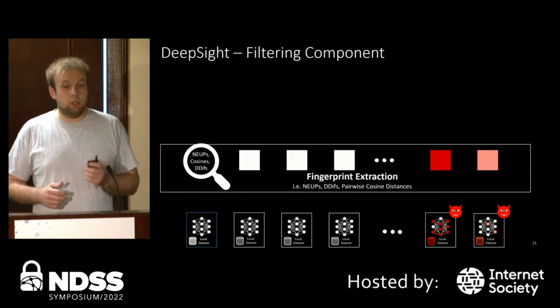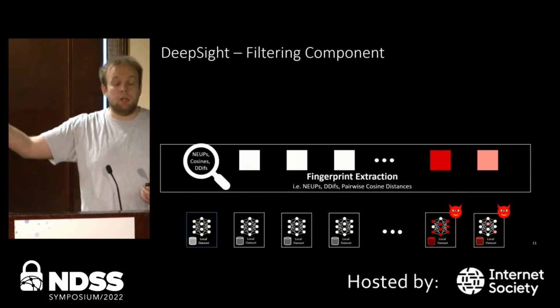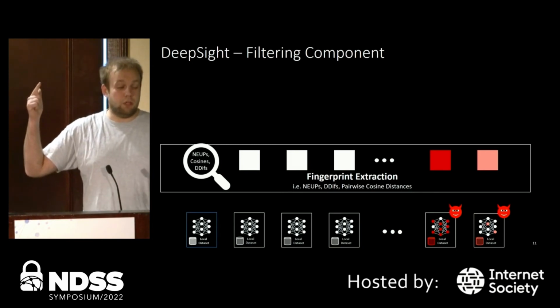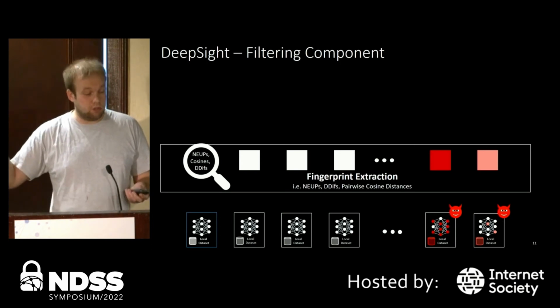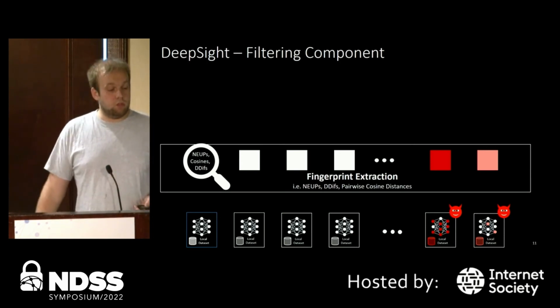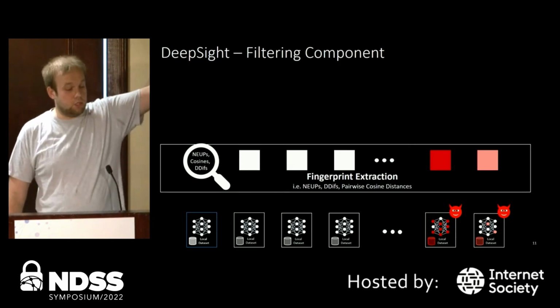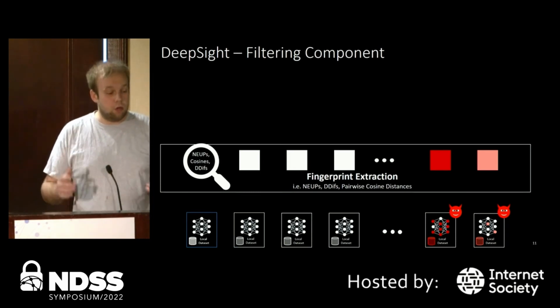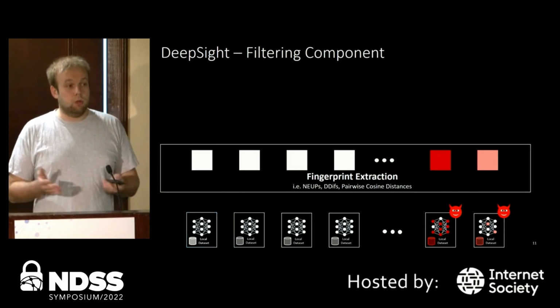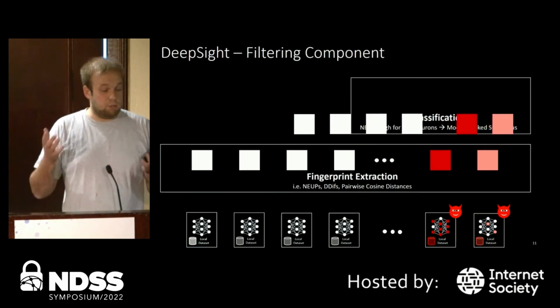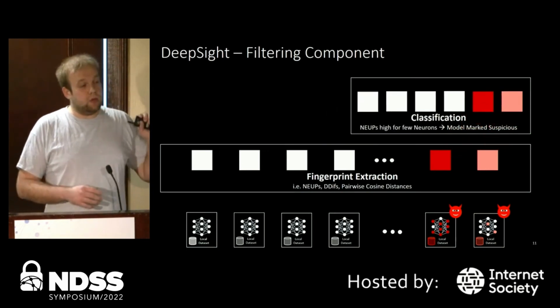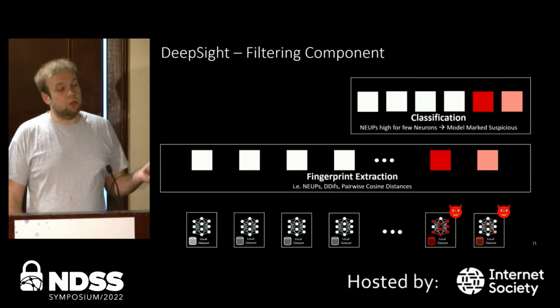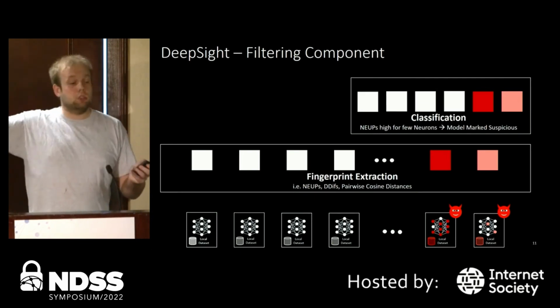For each model, we extract the NOIPs, the DDIFs, and as a third fingerprinting technique, we also calculate the pairwise cosine distances to all the other models. These fingerprints will be mainly used in the second step, the clustering. The classification that comes now uses mostly the NOIPs and analyzes them to check whether there are models where the NOIPs are significantly more focused on few neurons compared to the majority of models.